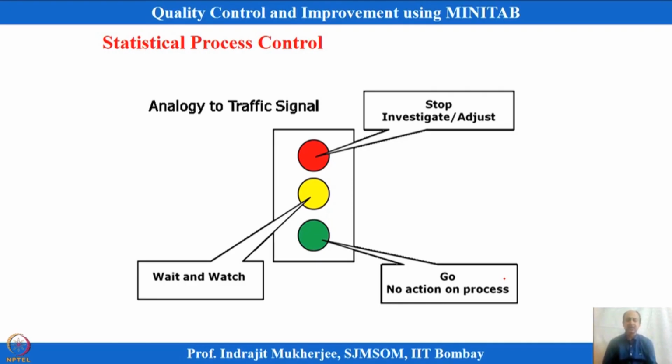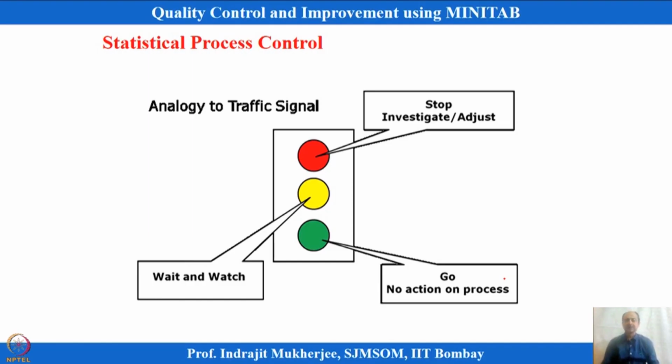It tells you, while a process is running, whether there is any movement in the mean values or setting conditions which generate the process mean or CTQ, whether it is shifting. It can be mean shifting or variance shifting, and whether the variation is changing or not can be identified using control charting techniques.